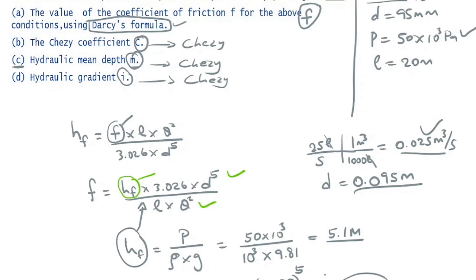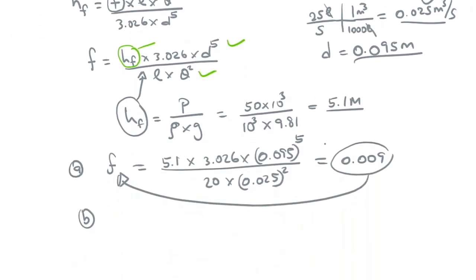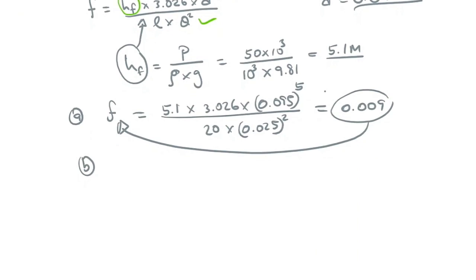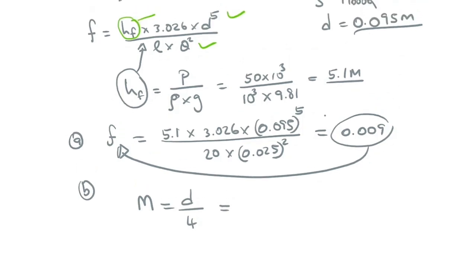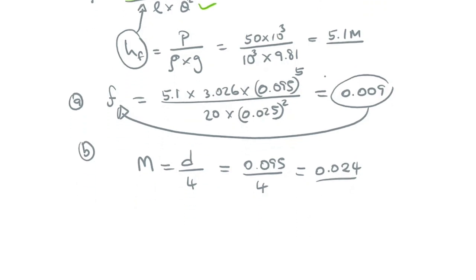Because this is a circular pipe, we'll use this formula: M is equal to the diameter divided by 4. Our diameter is 0.095, then we get 0.024. That is the hydraulic mean depth that we have been looking for.